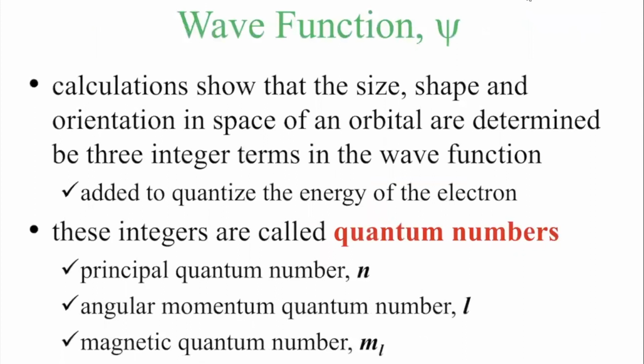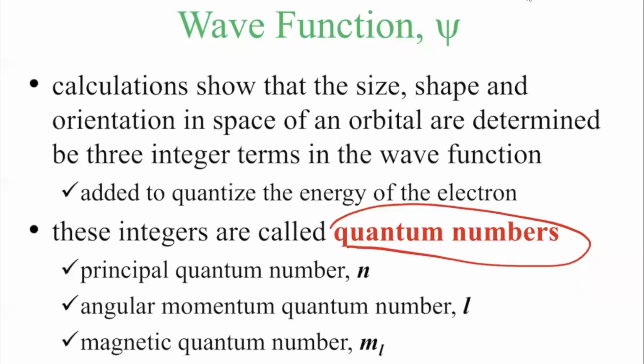So what happens is calculations show that the size, the shape, and the orientation in space of the orbital can be determined by 3 integers. And those 3 integers are going to be called quantum numbers. So basically, this probability is going to have 3 levels.